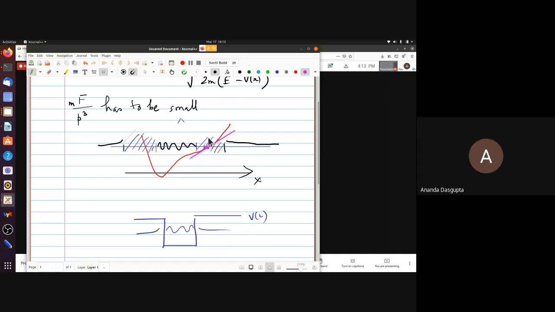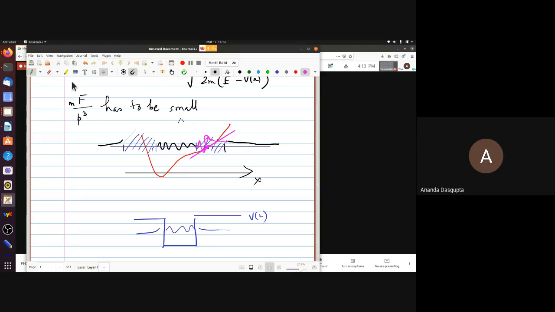So I know the solution is basically the Airy function. And what I need to do is be able to match the Airy function behavior, the actual solution to this problem here, to this WKB solution on this side and the WKB solution available on this side.